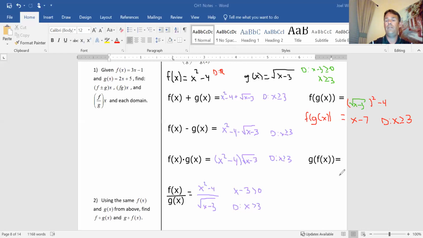And now we have our g of f of x function. So we're going to start off with the square root of something minus 3, and we're going to plug in the other function into it, x squared minus 4.